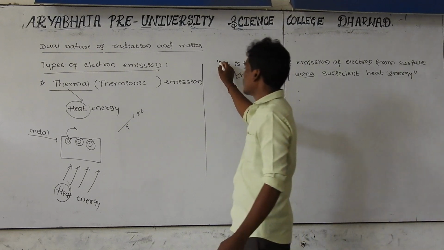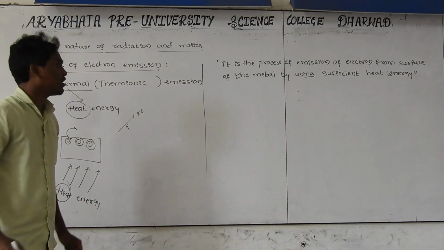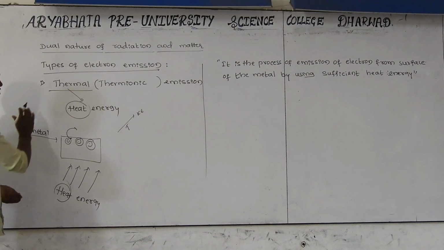This process of emission of electron from the surface of the metal is called thermal emission. And this is the first method.